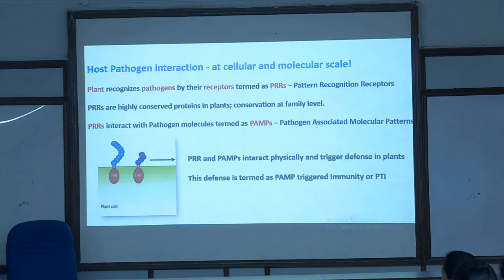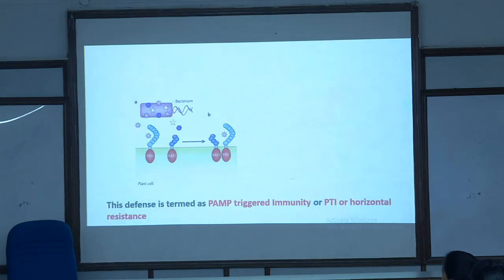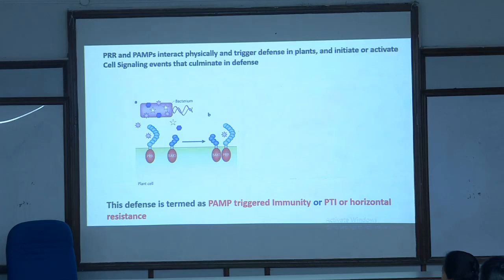When they encounter a microorganism, the bacteria has come to the immediate vicinity of the plant and started negotiating with the plant. Imagine this is a pathogen, this is a PRR. The moment it comes near the plant, they interact. What I mean is, there is a physical interaction between these two components, right?